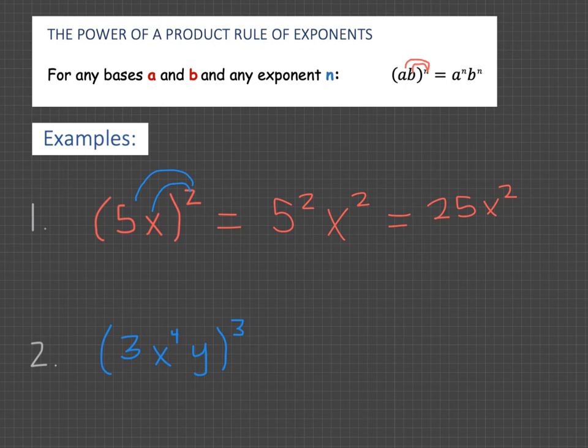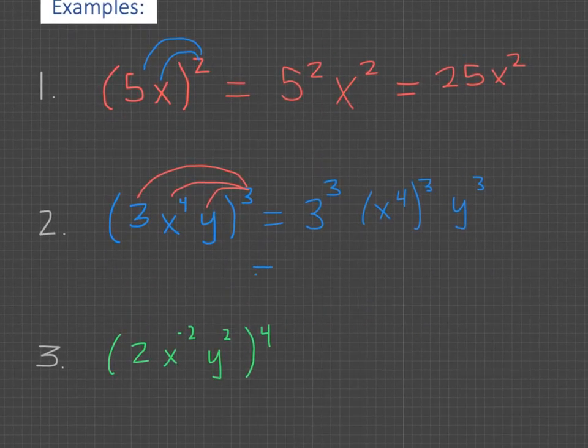We've got 3 things multiplied together, 3x to the 4th and y. We're going to take that exponent that's on the outside and apply it to the 3, apply it to the x to the 4th, and apply it to the y. So 3 with an exponent of 3, x to the 4th with an exponent of 3, and y to an exponent of 3. 3 cubed is 3 times 3, which is 9, times 3, we get 27.